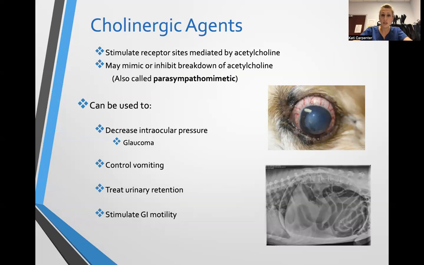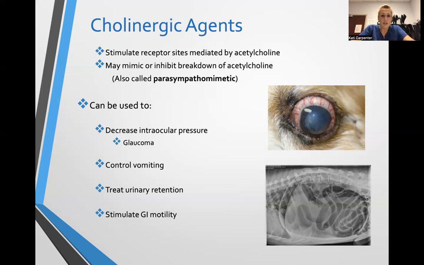So cholinergic agents, we're plus parasympathetic cholinergic system, stimulate receptor sites mediated by acetylcholine. Remember, that was the primary neurotransmitter of parasympathetic. They can mimic or inhibit breakdown of the acetylcholine, so they're also called parasympathomimetics, mimicking the parasympathetic nervous system. Just some examples, we'll talk more individually, so you can get the concept of what I'm trying to teach you here.